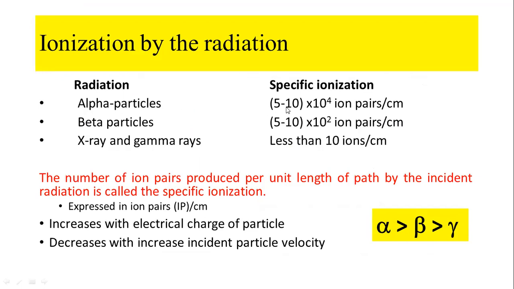The alpha particles have the ionization power we call the specific ionization, which is 5 to 10 exponent 4 ion pairs per centimeter, and beta is 5 to 10 exponent 2 ion pairs per centimeter, and gamma or X-rays have less than 10 ion pairs per centimeter.